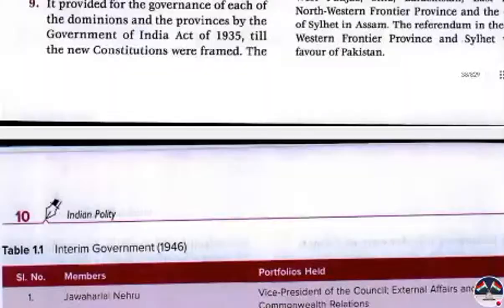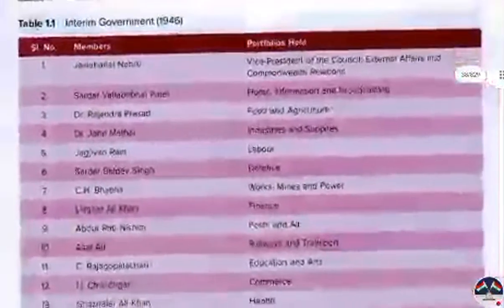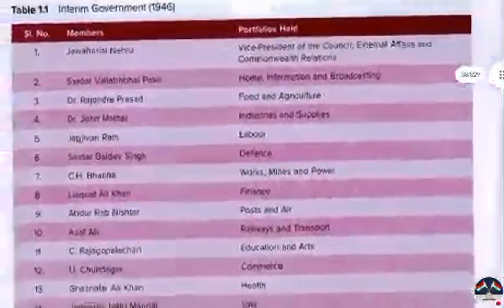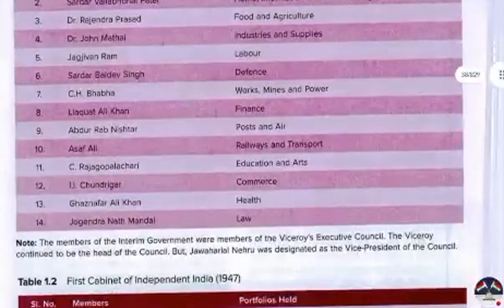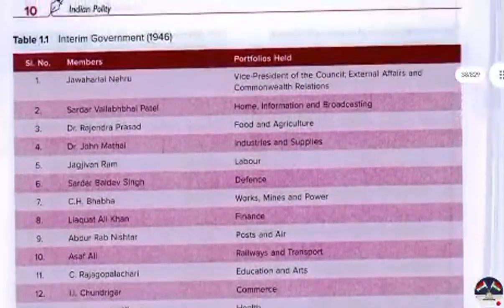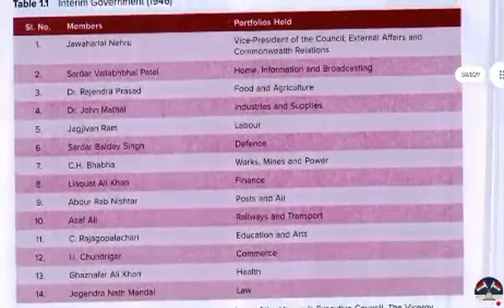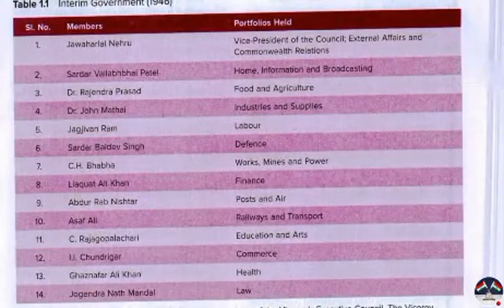These are two tables, and the first table is, as I said, the interim government 1946, and these are the 14 members. First is Jawaharlal Nehru.